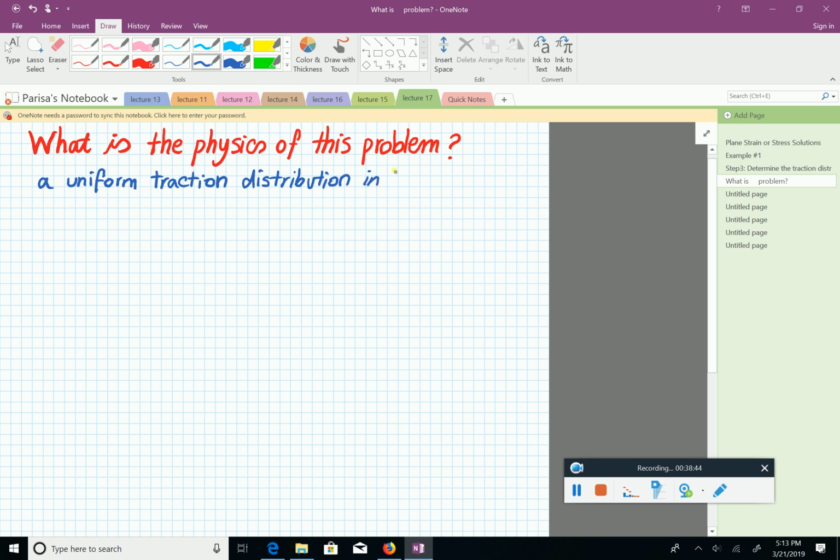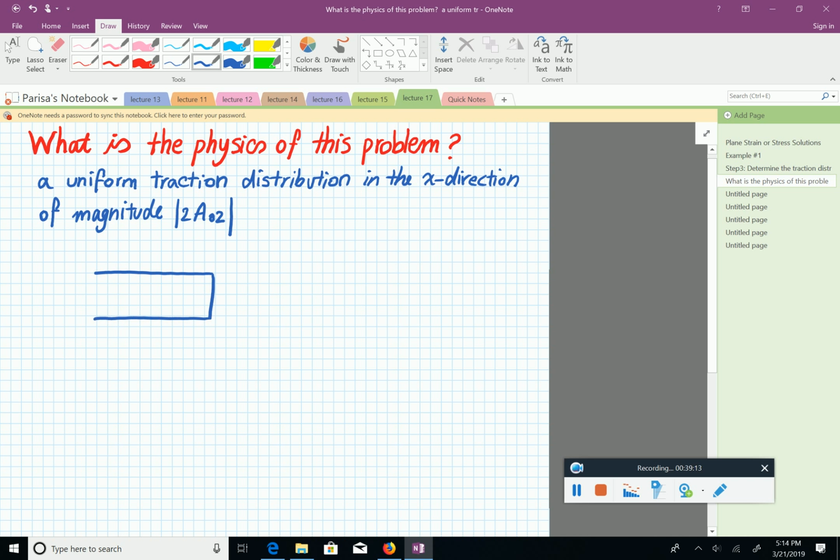It's uniaxial. And we also know the magnitude. So a problem which looks like this.